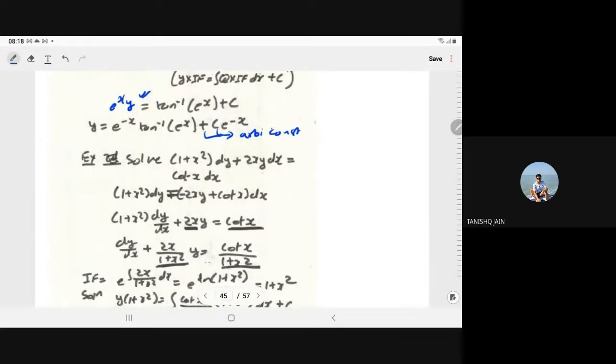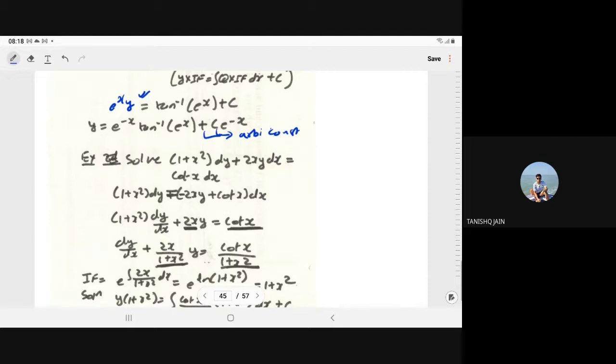Then after, let us have another question. Solve (1 plus x square) dy plus 2xy dx is equal to cot x dx. So that can be written as (1 plus x square) dy is equal to minus 2xy plus cot x into dx.